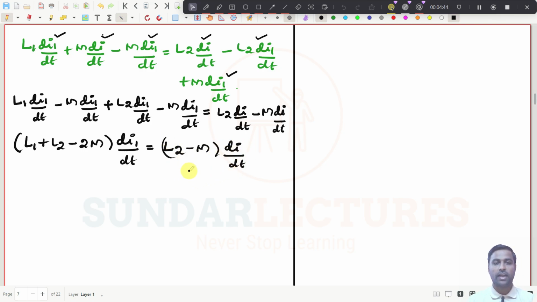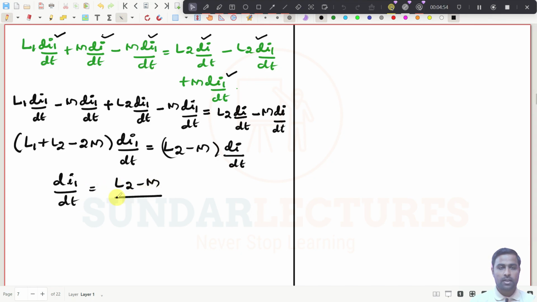That is the whole idea, right? So if I want to write what is di1 by dt, di1 by dt will be equal to L2 minus M divided by L1 plus L2, not plus, minus 2M, this whole term into di by dt.